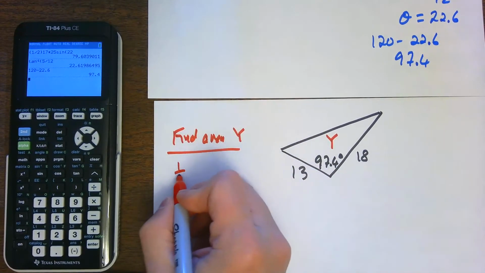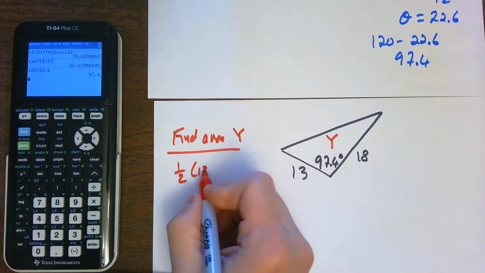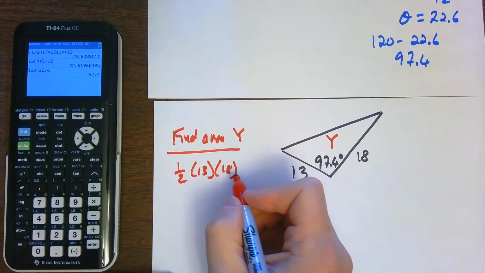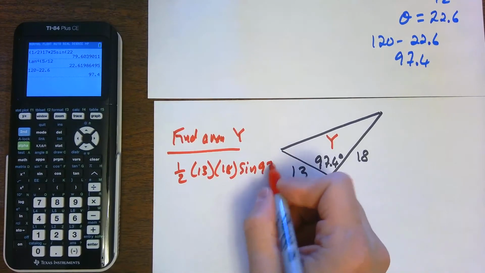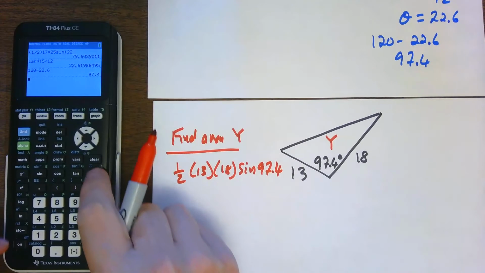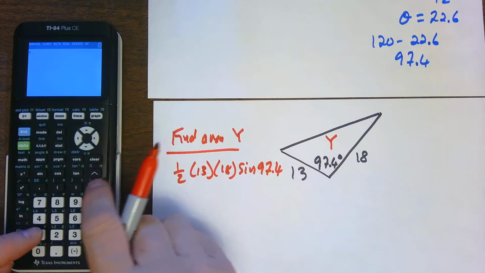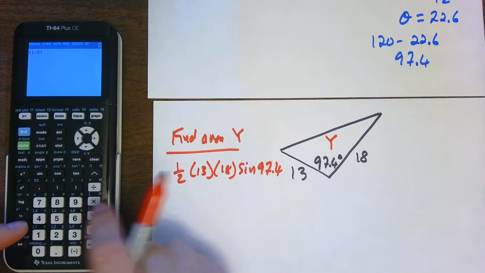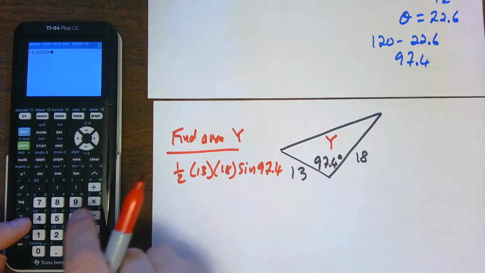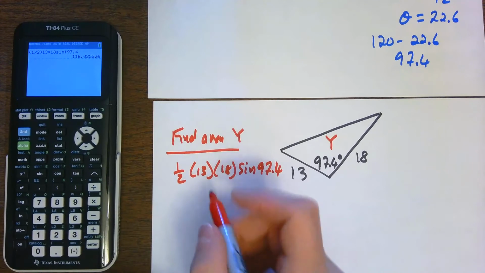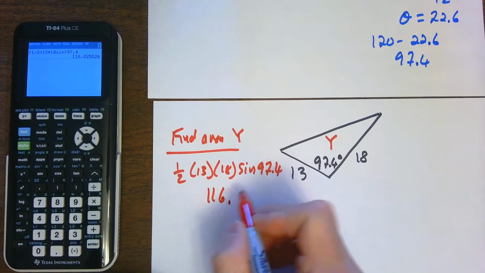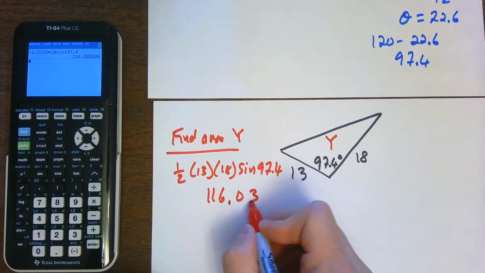It's going to be 1/2 of 13 times 18 times the sine of 97.4. All right, 1/2 times 13 times 18 times the sine of 97.4 is 116.03-ish.